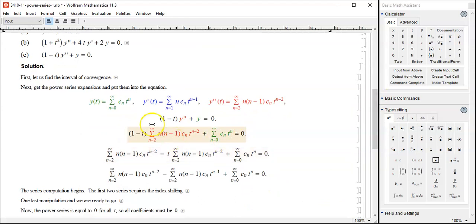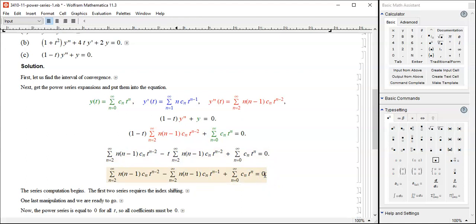Okay, distribute around, and this is what we get. Times 1, and this is for times t. And then for this times t part, I can multiply this t to this n minus second power to get n minus first power. That'll result in the final expression there.